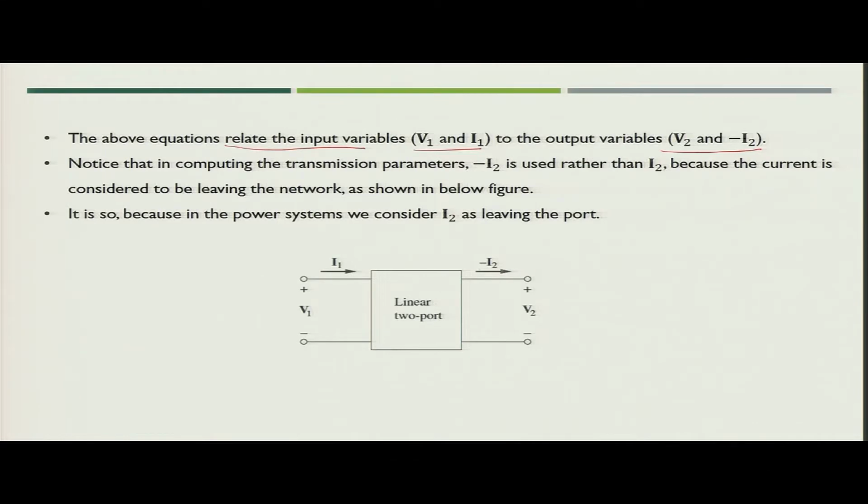Because of this specific condition of power system networks, rather than relating V1, I1 with V2, I2, we relate V1, I1 with V2 and minus I2. I2 is generally considered in one direction, but since a connected load consumes current rather than providing it, transmission parameters are best described by reversing the sign of current I2. That is why we use minus I2 rather than I2.